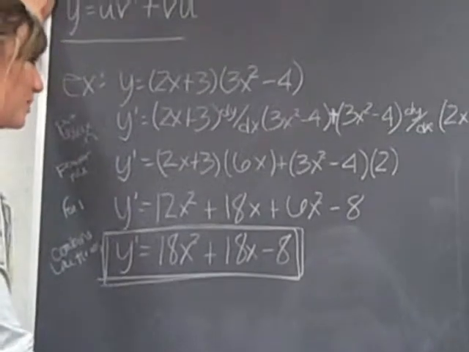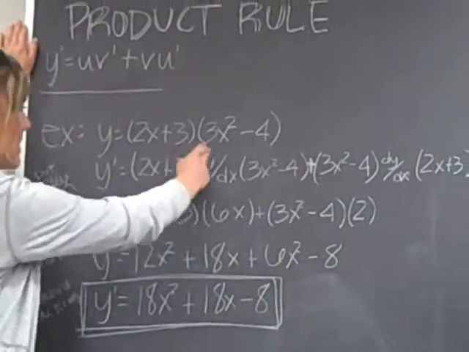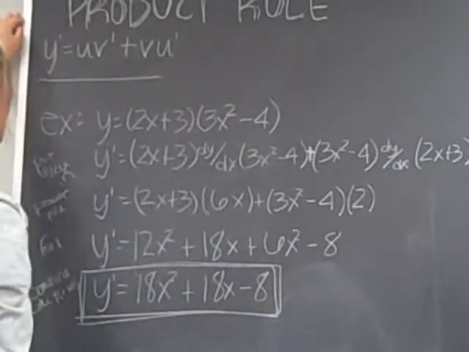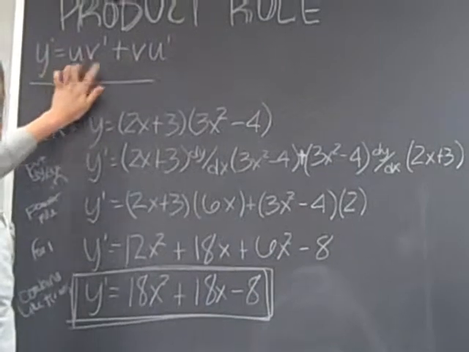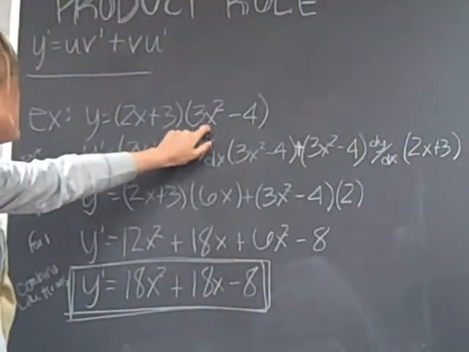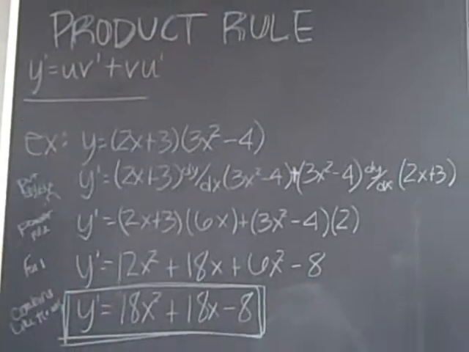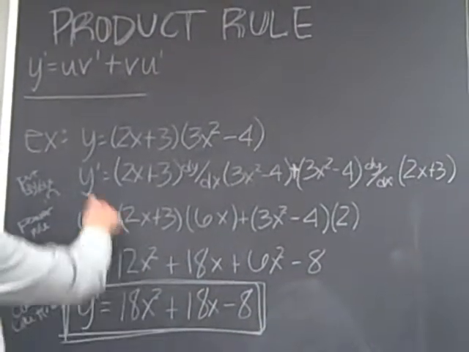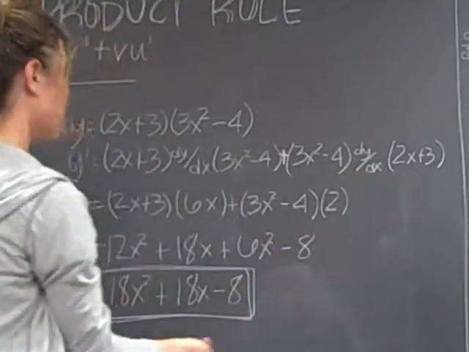So this is the product rule. This is if you want to take derivatives of two binomials that are being multiplied. An easy way to remember this is the derivative equals the first times the derivative of the second plus the second times the derivative of the first, which is uv' plus vu'. So first, you would just write it out and put the dy/dx in, just so you know what you're going to do.